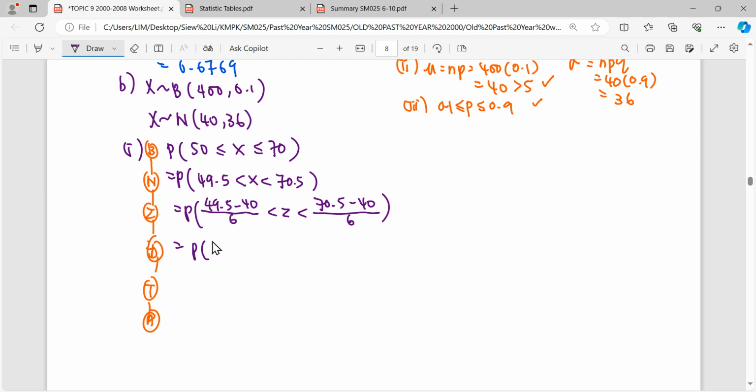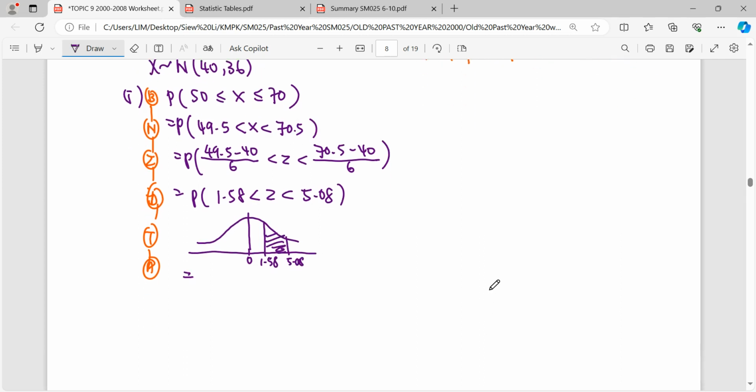So your Z score is 1.58 until 5.08. If you draw it, both are on the right hand side, positive values 1.58 and 5.08, and this area in between. To get it from the table, you need your right tail concept.